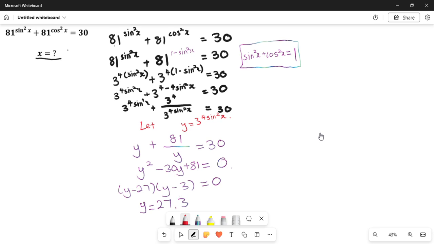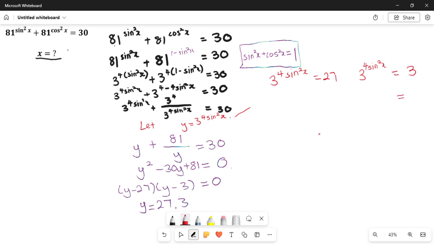But that's just the value of y. To solve for the value of x, because I said let, I'm just going to solve it back. 3 to the power of 4 sine square x equals 27, or 3 to the power of 4 sine square x equals 3.